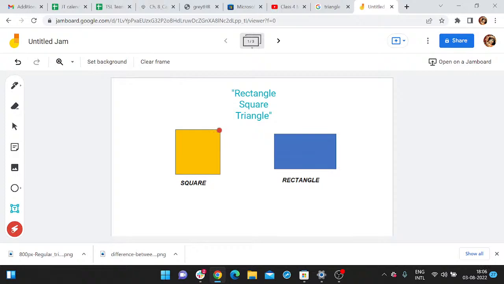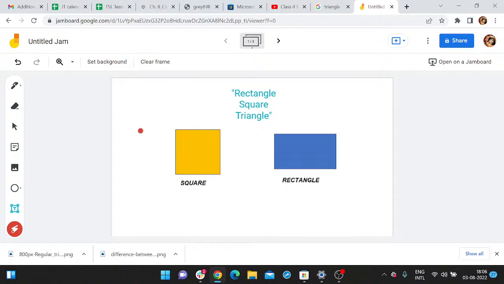Parallel का मतलब जो कभी intersect ना करे. So if I draw lines like that, they are never going to intersect because these are parallel. They go in one direction and they never meet each other. So these are known as parallel lines, whereas intersecting lines are going to be this. So they are intersecting at a point. So इसमें अगर हम देखें तो ये opposite side और ये वाली जो side है, ये two opposite sides कभी meet नहीं करेंगी.